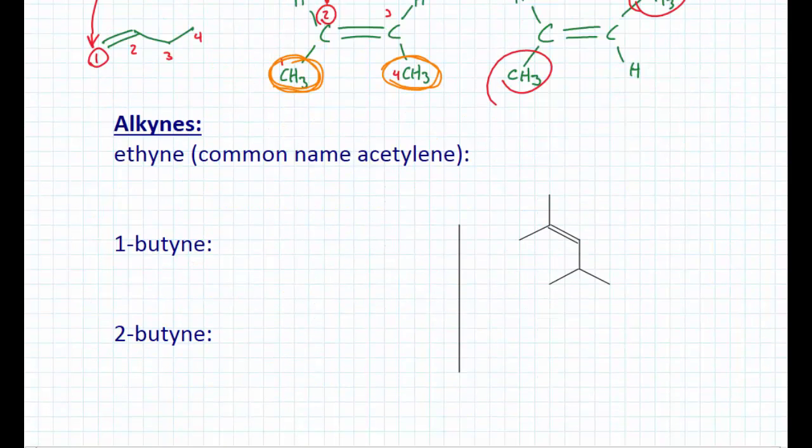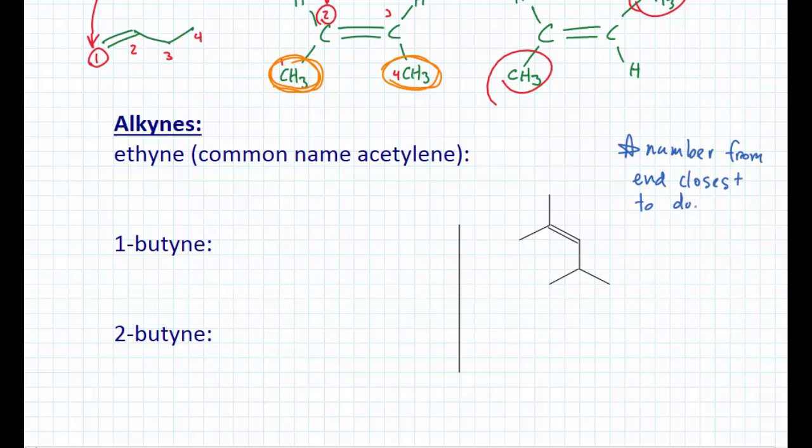And then alkynes. Oh, actually here, we have to do this example here before we do alkynes. This is a branched alkene. Okay? It's a double bond, but we got all kinds of branches. The key here is that you have to number now from the end closest to the double bond.